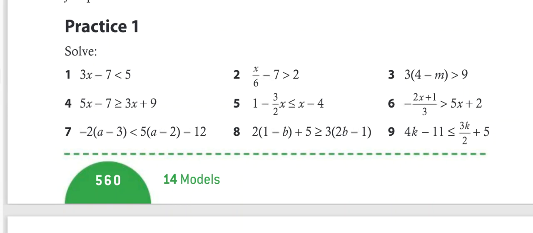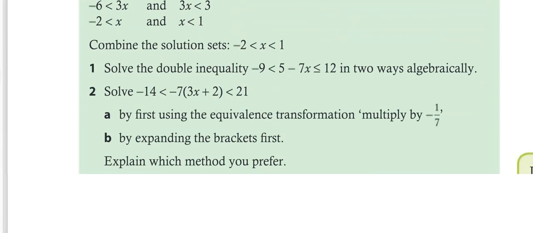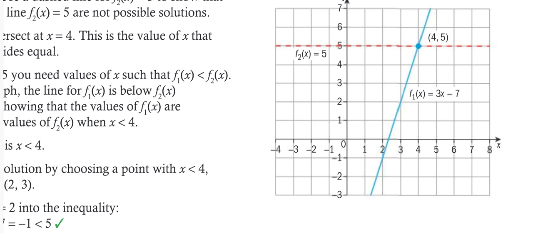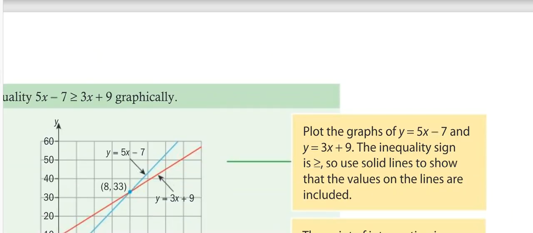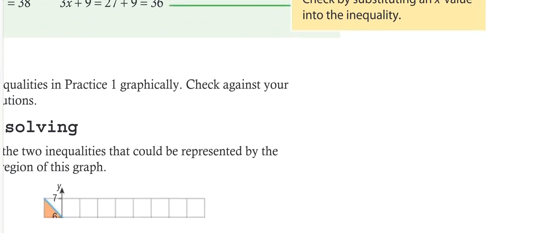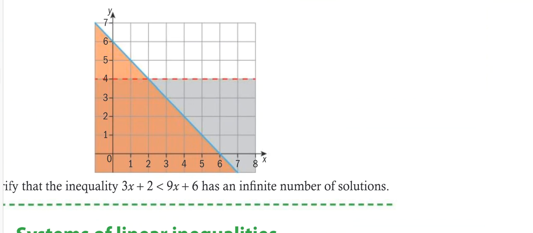In our next lesson tomorrow, we are actually going to take these skills and apply them to the graphs. But the thing with the graphs is, when we've got an inequality, we actually end up with regions instead, like that.